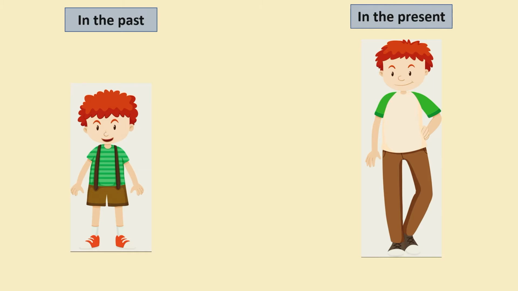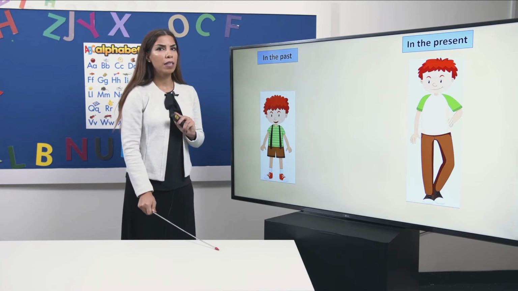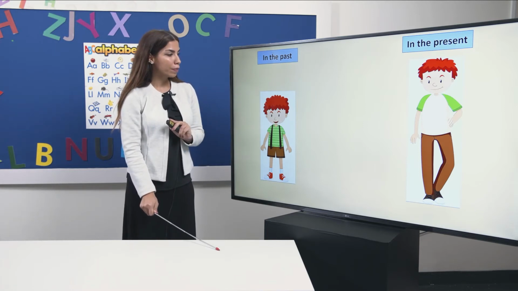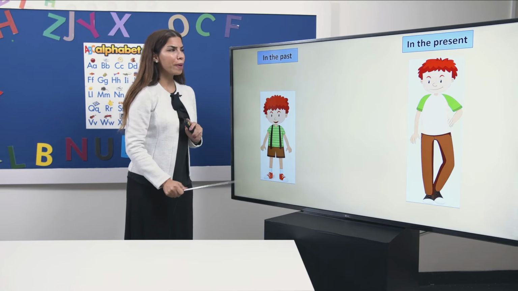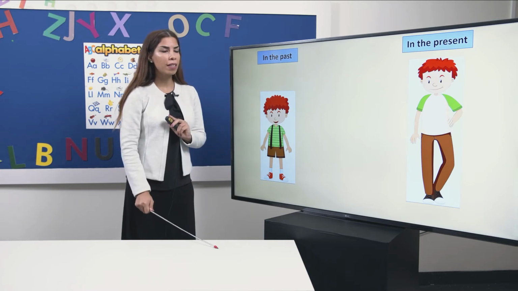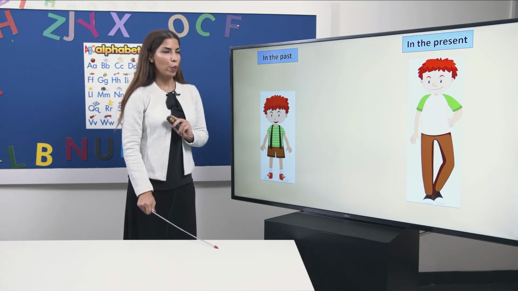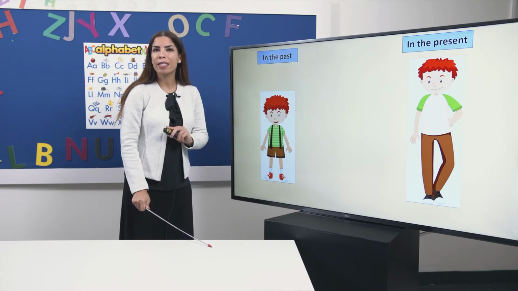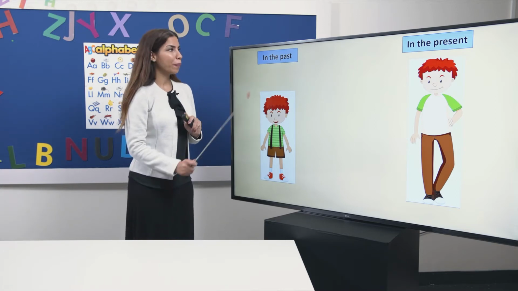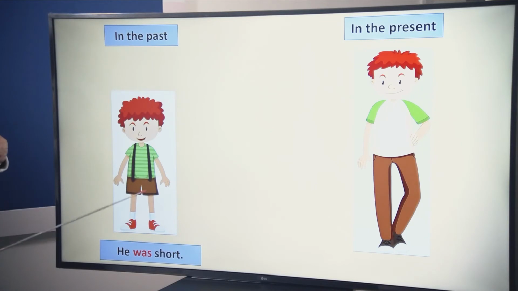Let's look at the second picture. Well, what do you think is different? What changed? Does he look the same as he was in the past? No. Well, what is the difference? Let's see. In the past, he was short.